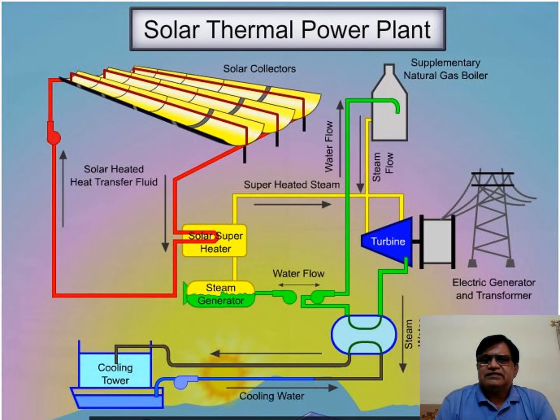The thermal energy heats up the water and produces steam, which in turn runs the turbine, from where electrical power is generated. This solar thermal power plant could not become popular because of the large systems involved in it.